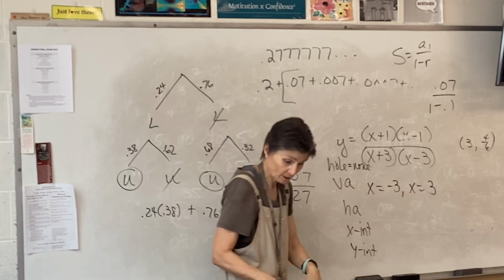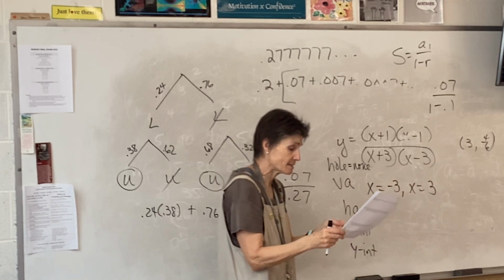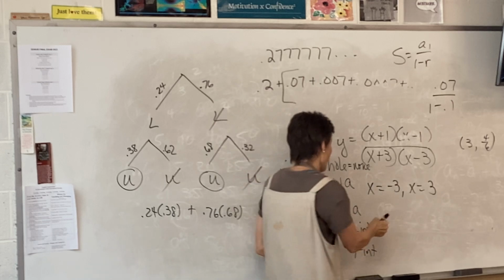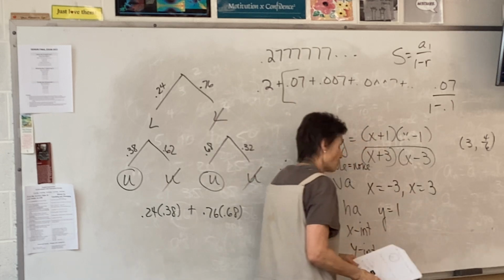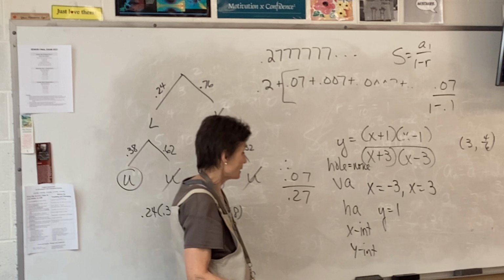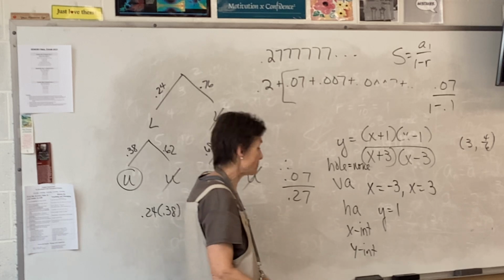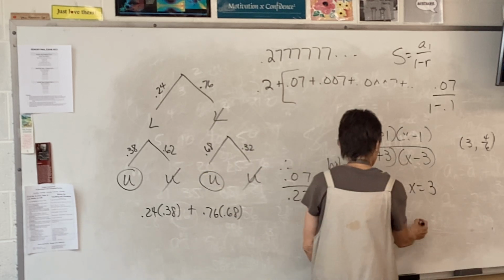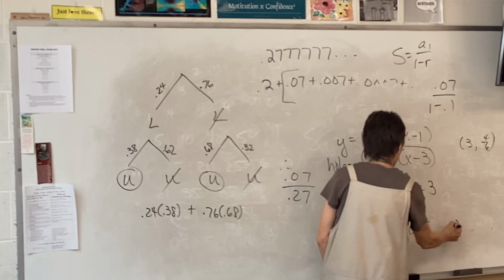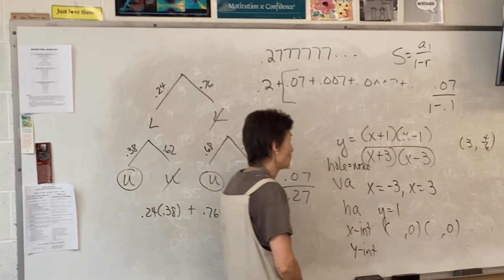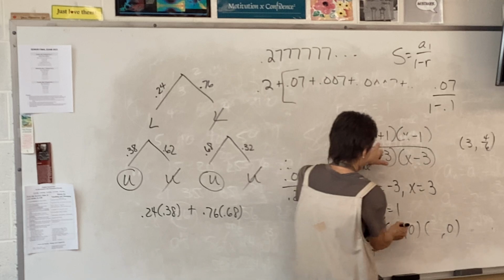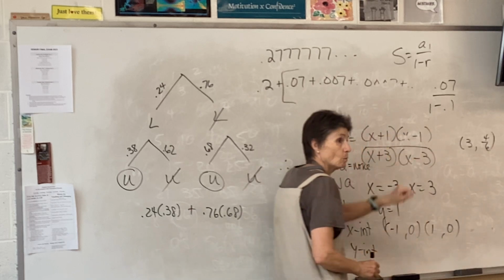Horizontal asymptote, look at the problem. That's the limit, guys. It's 1, y equals 1. X squared over x squared. X-intercepts come from the numerator. What makes the fraction 0? What are the zeros? Well, the zeros are -1 and 1.